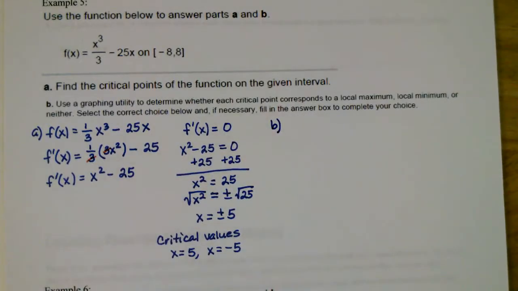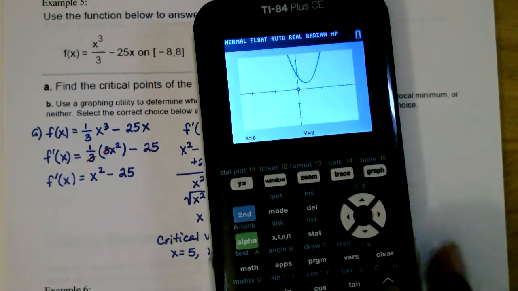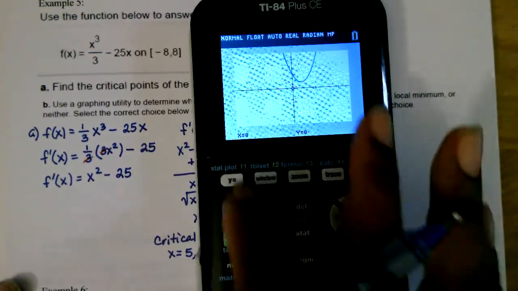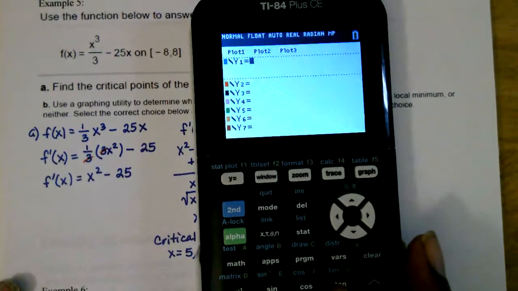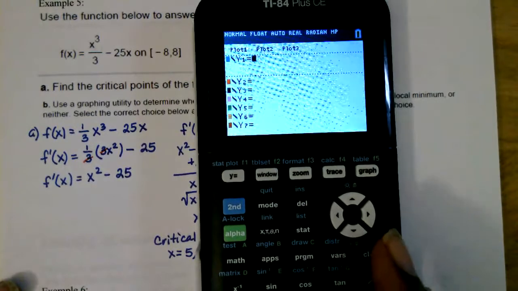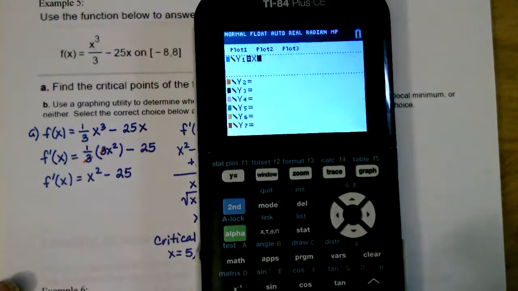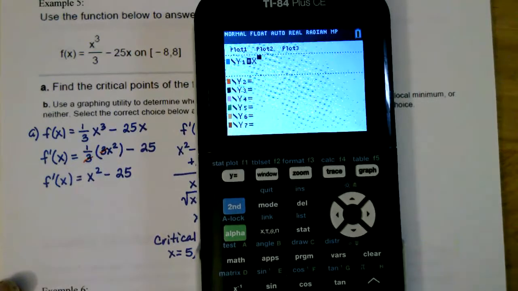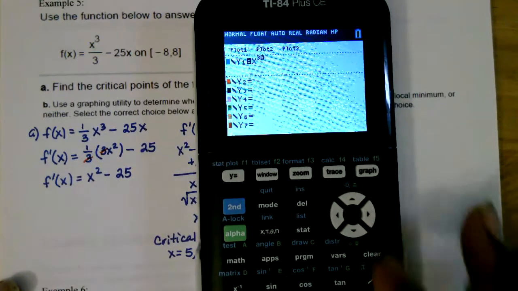And then part B is to use a graphing utility to determine whether each critical point corresponds to a local minimum or local maximum, or neither. So I'm going to put the original function in the graphing calculator. So here I'm going to go to y equal 2 and clear this equation out. And then I'm going to type in the x, and then the hat key, and then the exponent of 3 for x cubed.